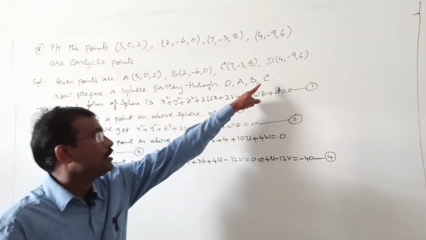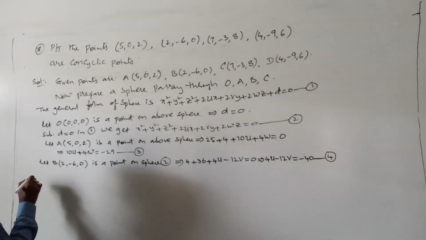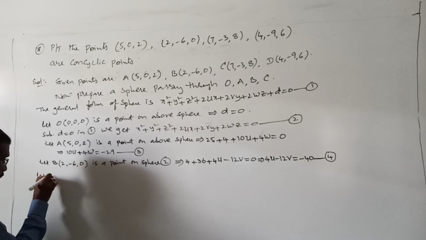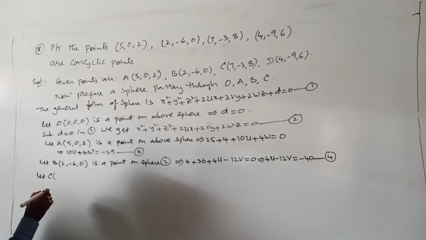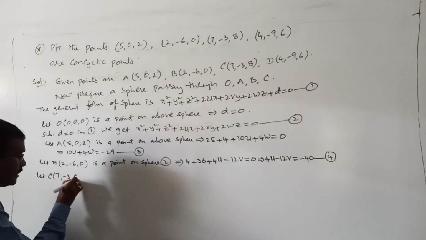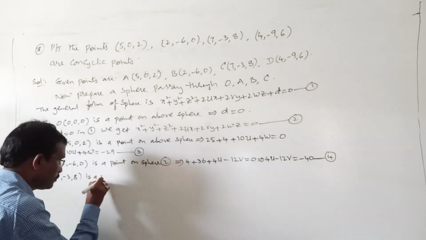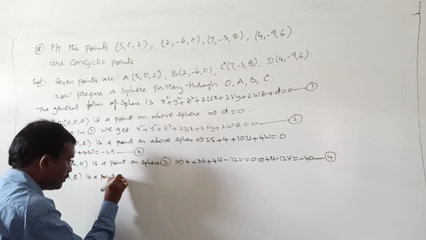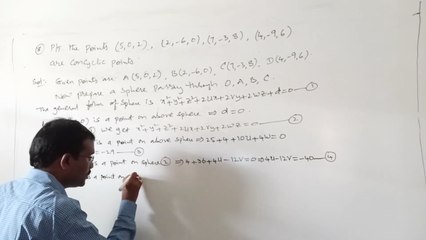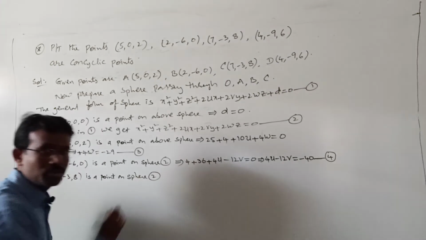Like this, go for the last point, C point. Let capital C, 7 minus 3 8, be a point on sphere equation 2, on sphere 2.